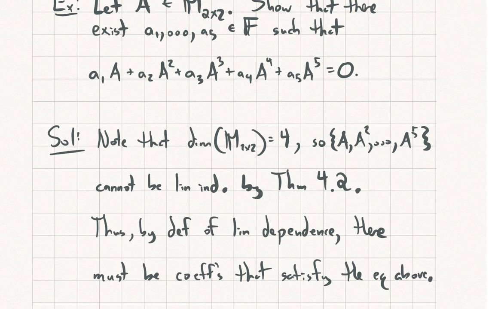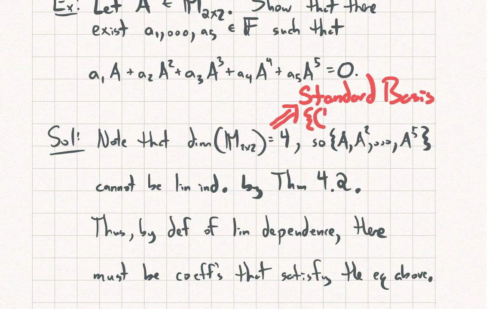Well, if we think about this, we know that the dimension of 2 by 2 matrices is 4. Indeed, we have a standard basis for this. And the standard basis is going to be a 1 in the first entry and zeros everywhere else, a 1 in the second entry and zeros everywhere else. I might as well write them all down.